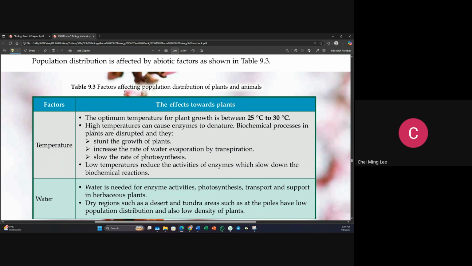For temperature, the optimum temperature for plant growth is normally around 25 to 30 degrees, where high temperature will cause enzymes to denature.